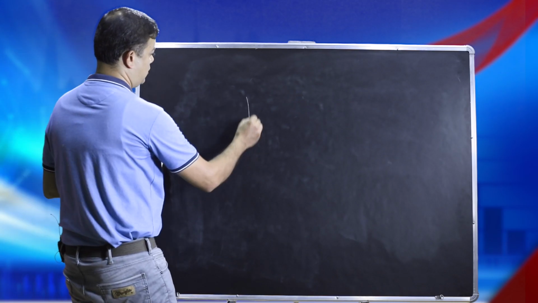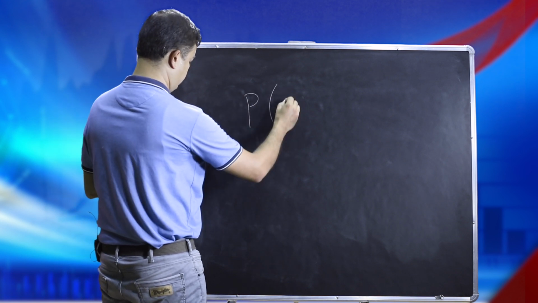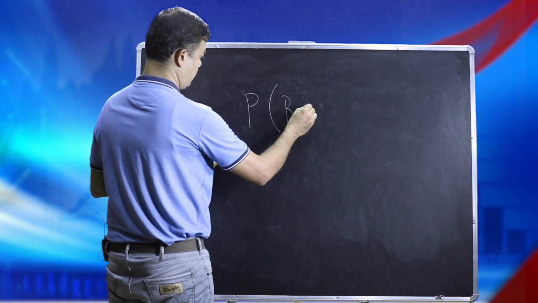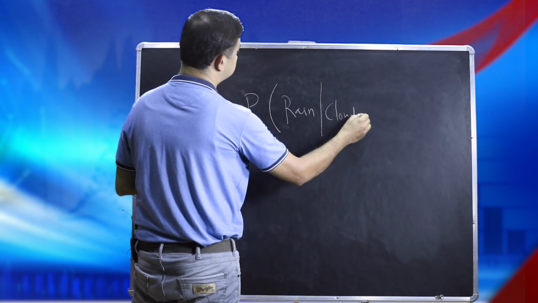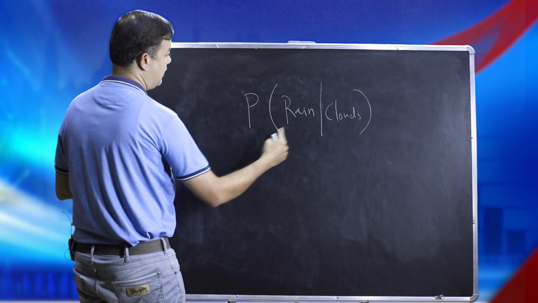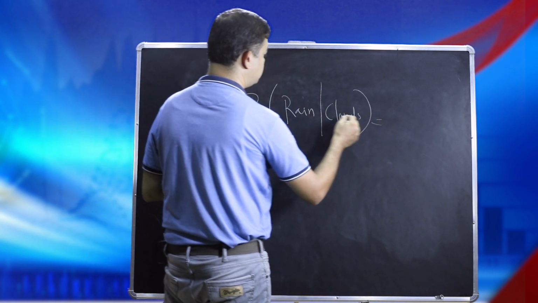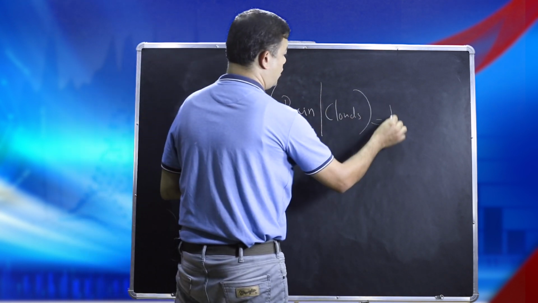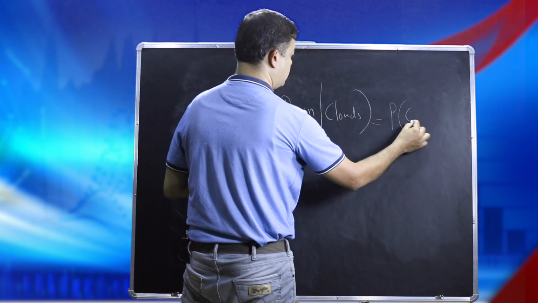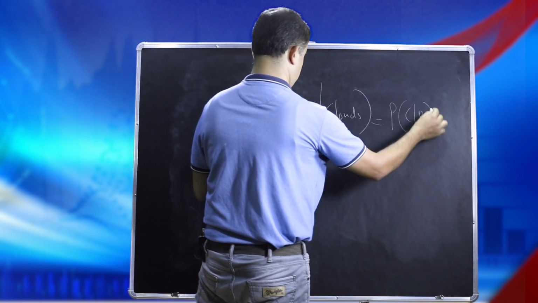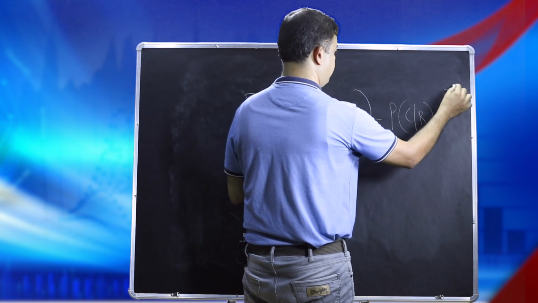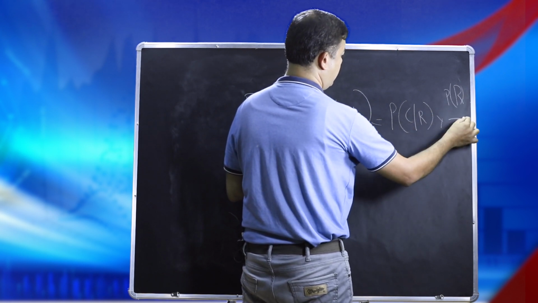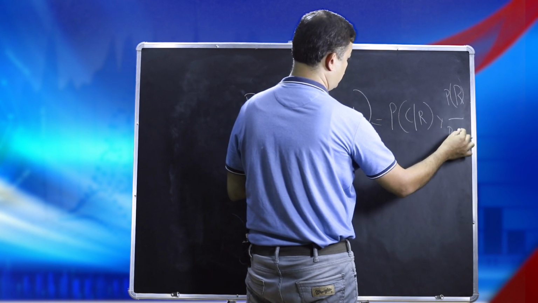So what we have to calculate is the probability of rain given clouds. So this we have to calculate. This is equal to the likelihood, the probability of cloud given rain, multiplied by the prior probability of rain, divided by the prior probability of cloud.